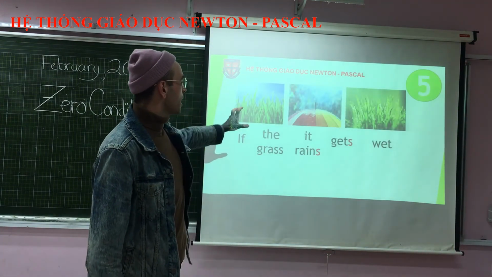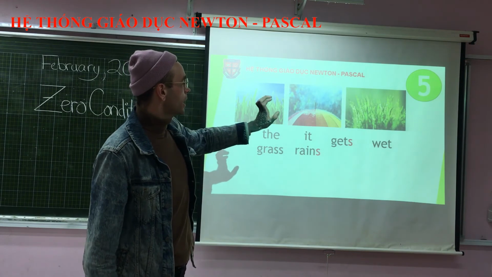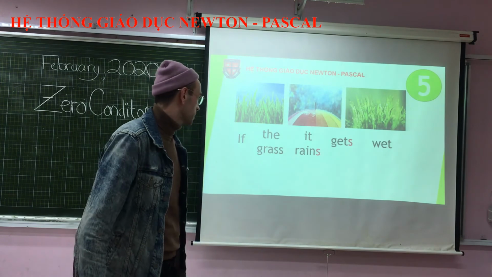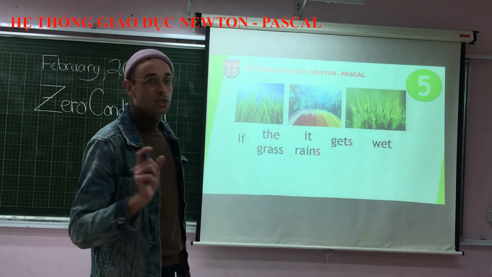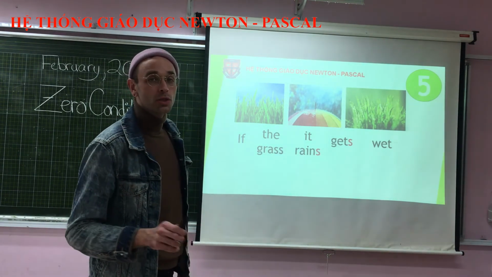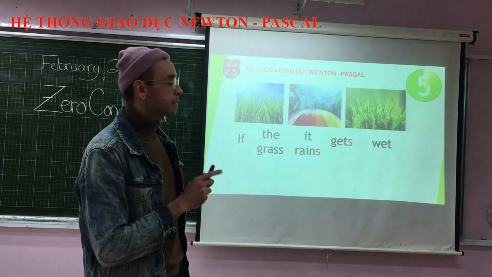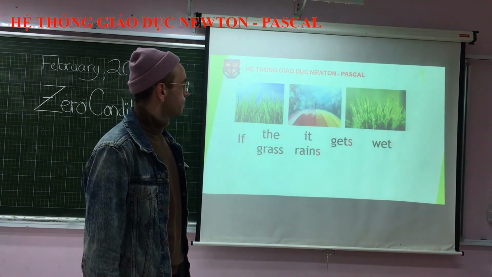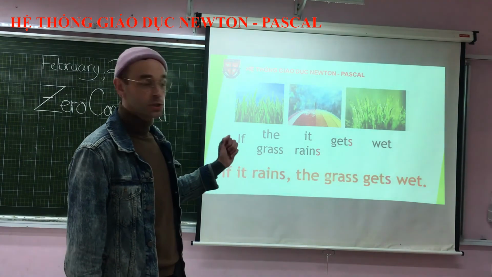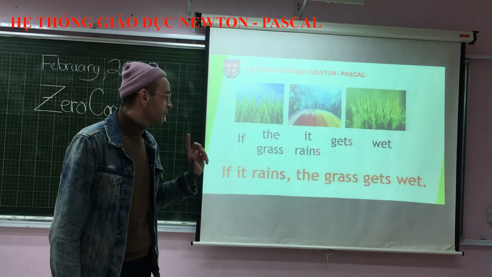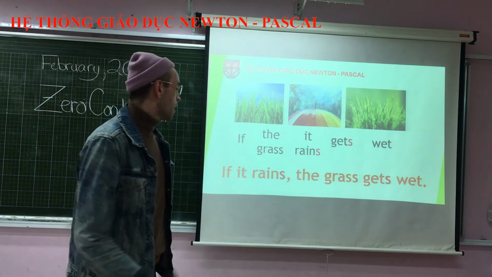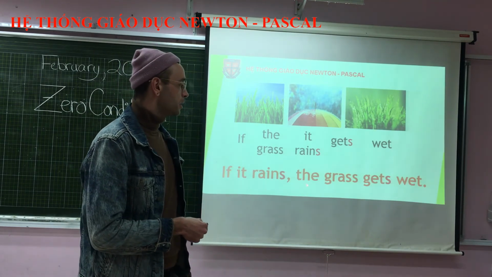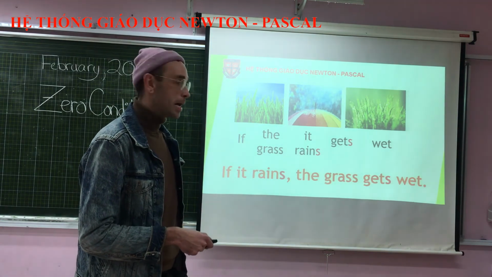Next sentence, here we have some grass, we have some rain, we have some wet grass. Okay? So again, rearrange these words into a correct sentence starting now. Our sentence should read, if it rains, the grass gets wet. Our if clause on the left, our comma in the middle, our main clause on the right.